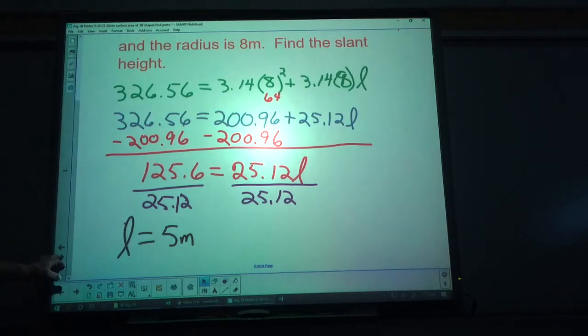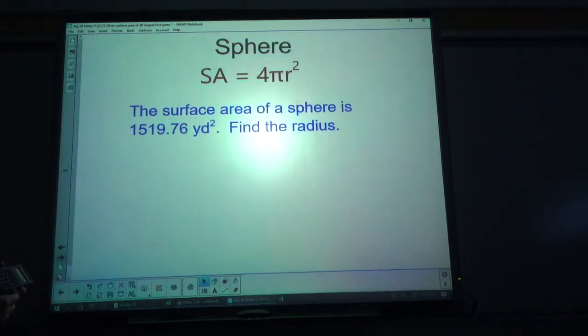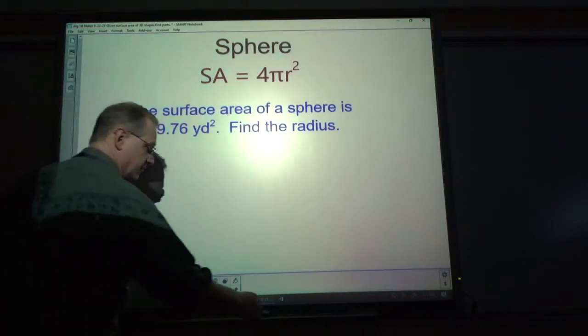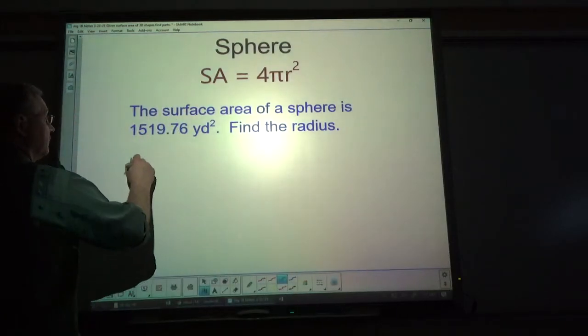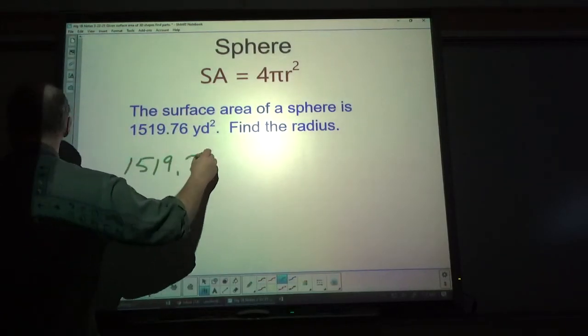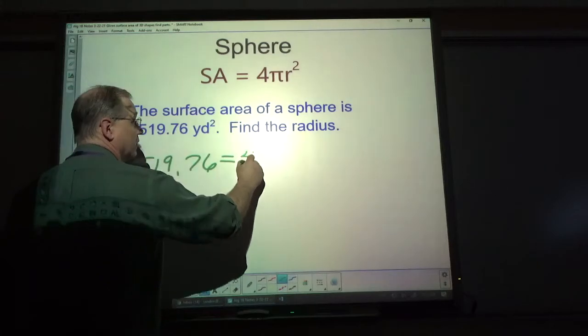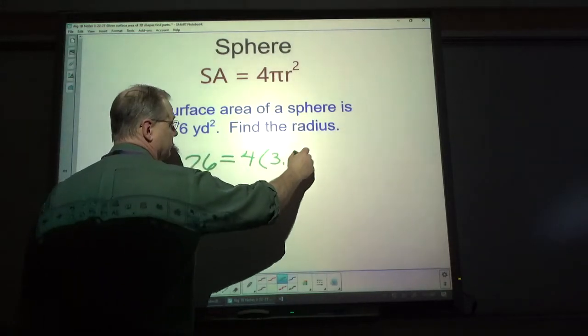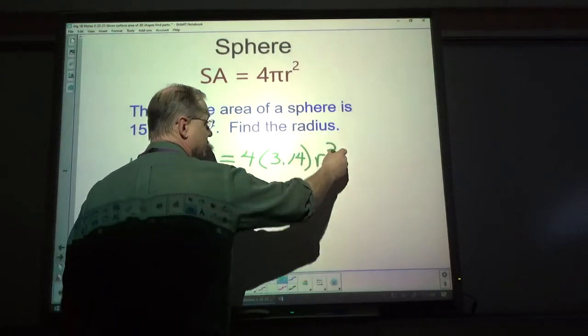Next, last one, sphere. We know the formula is 4 pi r squared. The surface area of a sphere is this. So 1519.76 equals 4 times 3.14 times radius squared.